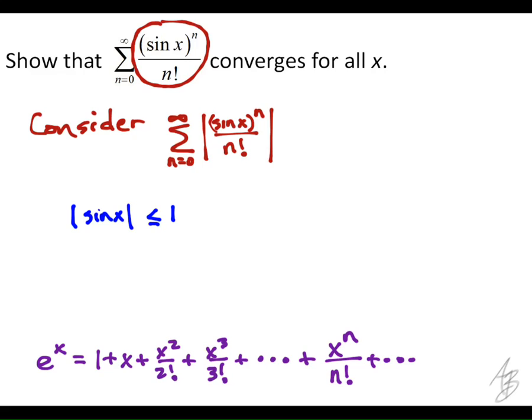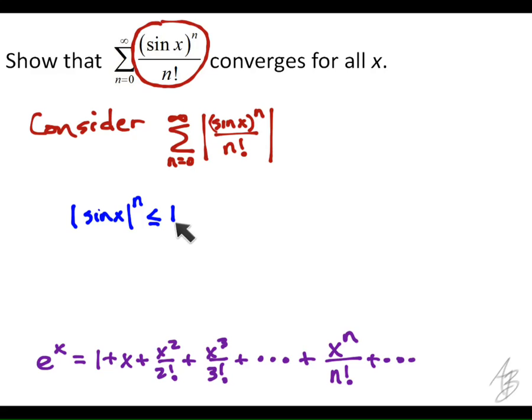You guys agree with that? Well, that means that the absolute value of the sine of x to the nth power is always going to be less than or equal to 1 to the nth power. What is 1 to the nth power? That's just 1. Even if n approaches infinity, that would be an indeterminate form, 1 to the infinity, but it's exactly 1.